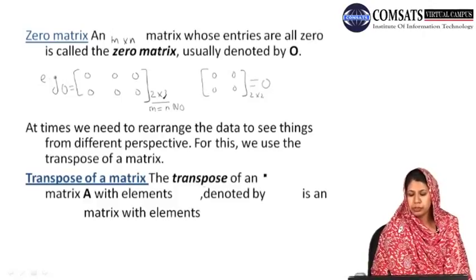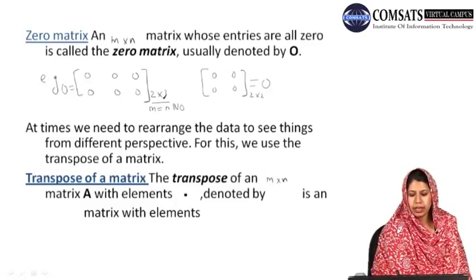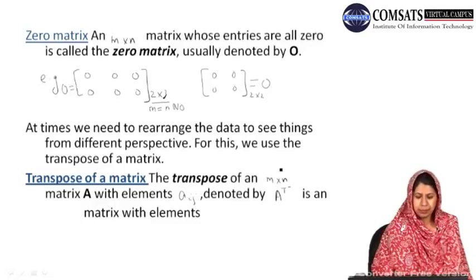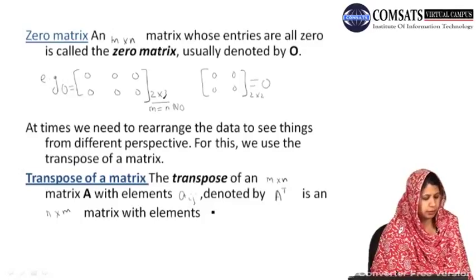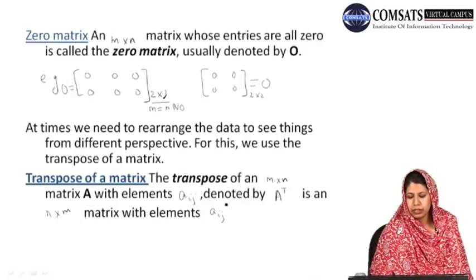The transpose of an m by n matrix A with elements Aij is denoted by A superscript capital T and is an n by m matrix with elements (Aij) transpose equals Aji.